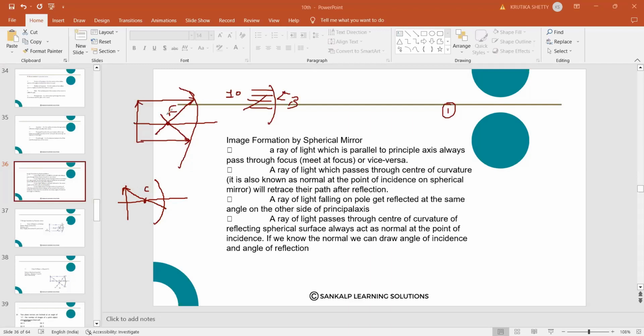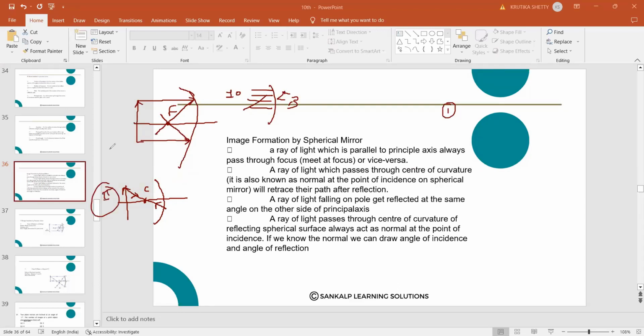Here I said focus, here I am saying center of curvature. This is my incident ray. After reflection, suppose it returns back in the same medium. This is the second condition.